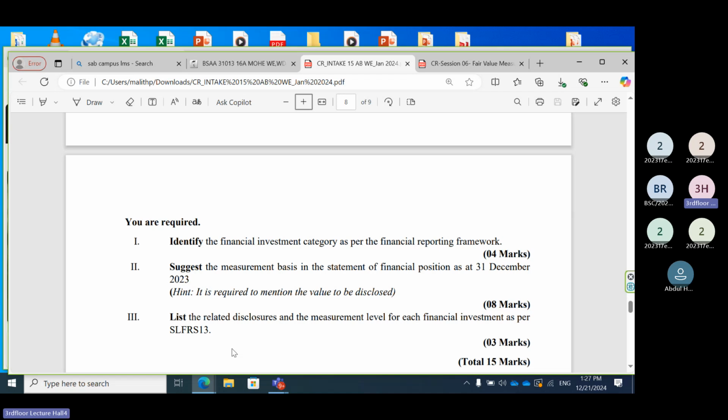So then this type of question, the evaluation technique and evaluation method level, can be tested in the exam.